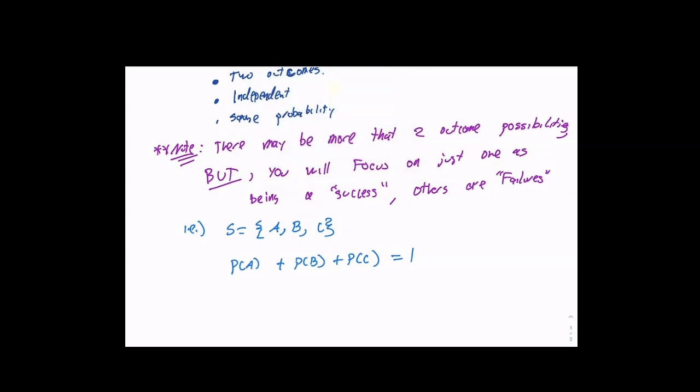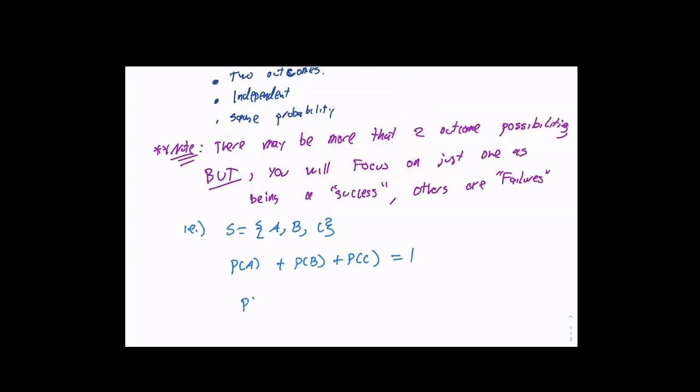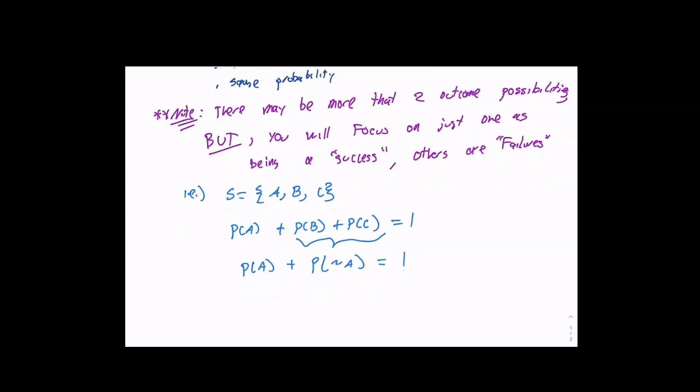But we can break this down and instead call this the probability of A plus the probability of not A. And you might be asked only about A. Now the same can be done for asking about B or C.